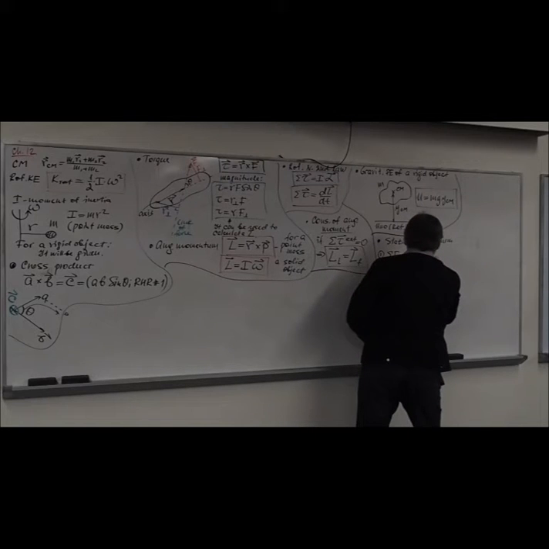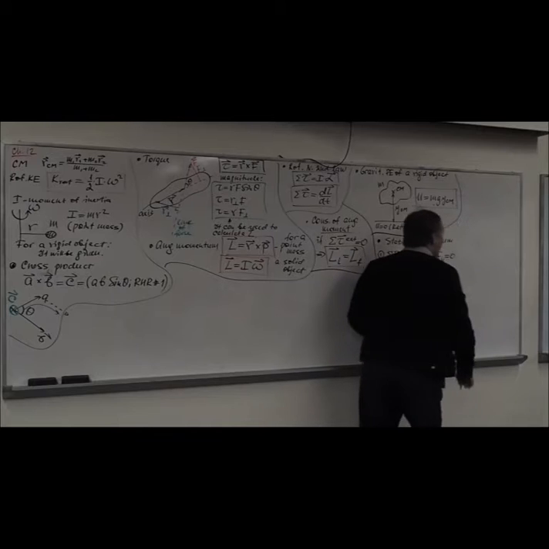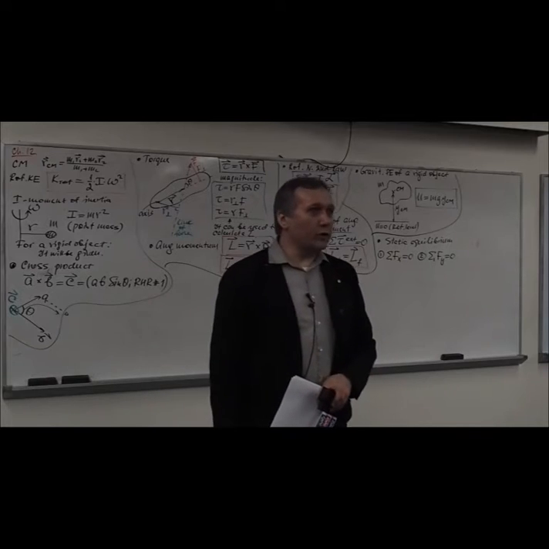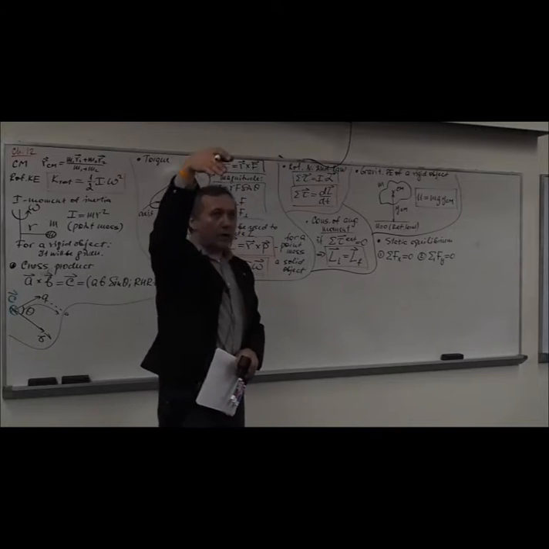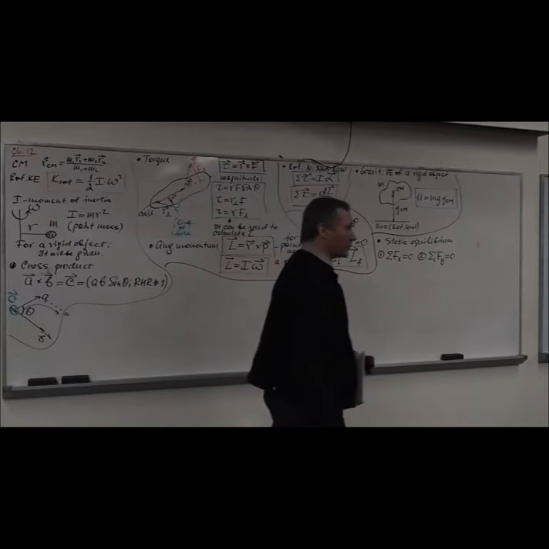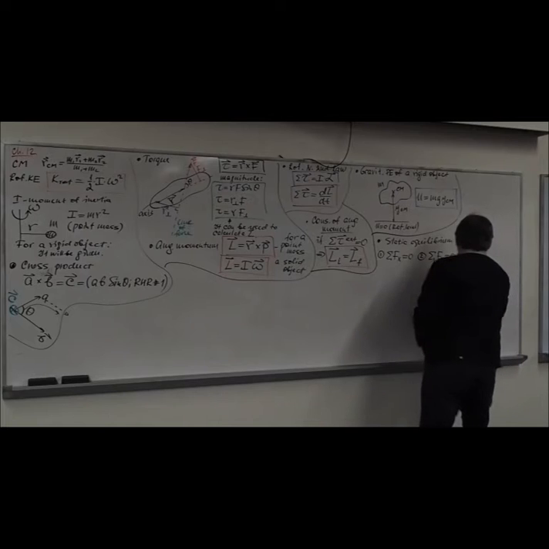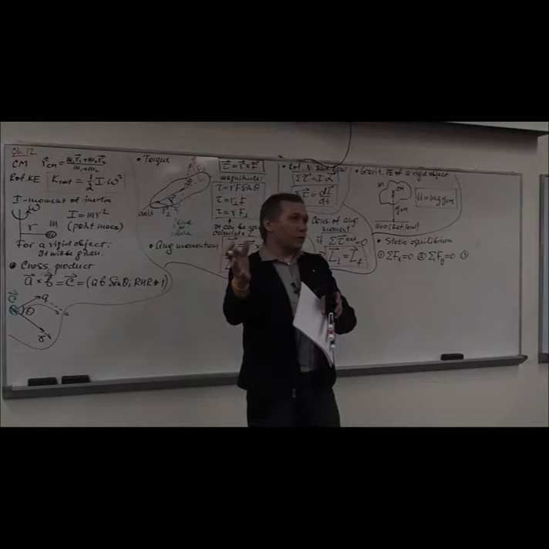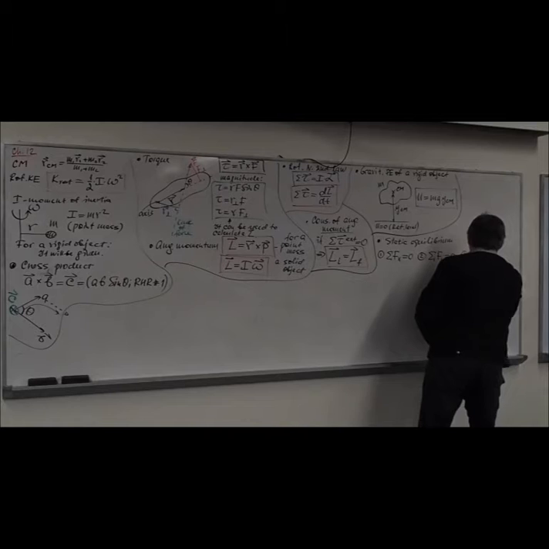Second, if you want to avoid having any translational motion in the y direction, you have to balance all the forces in the y direction. In this case, the normal force balances the force of gravity, and as a result the camera stays on this floor without going through the floor and into the basement. Then, the third condition. In order to avoid having any rotational motion, we need to balance torques.